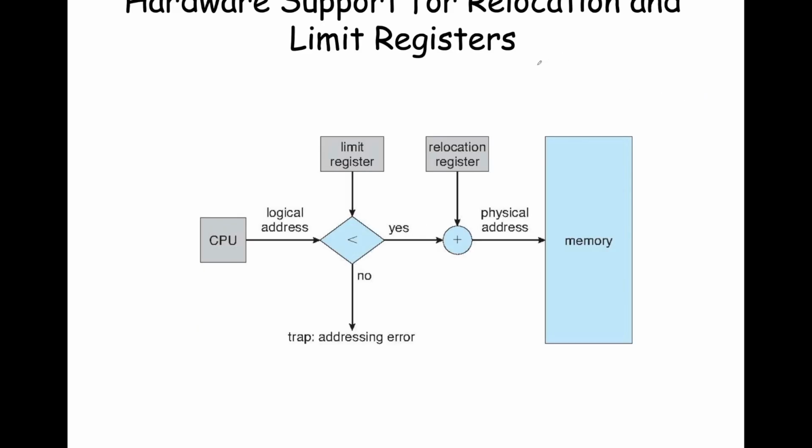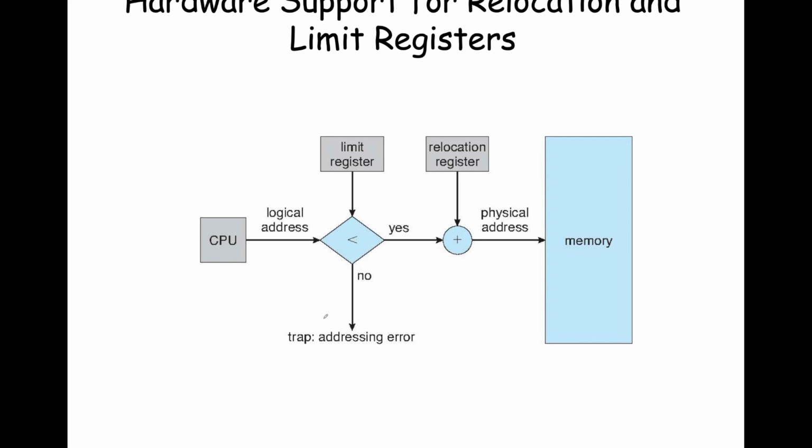And so here's an example, the schematic is in the book, of the hardware support of relocation and limit registers. So you have your CPU running your process code, and it generates a series of logical addresses. So then it says, okay, did that address exceed the limit address for that particular computation? If it did exceed it, meaning that less than limit register value is no, then you issue a trap and the operating system handles that.